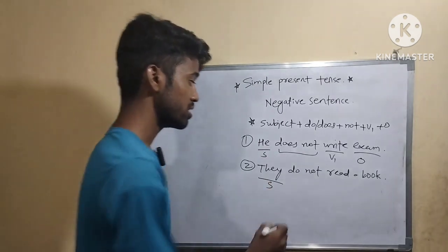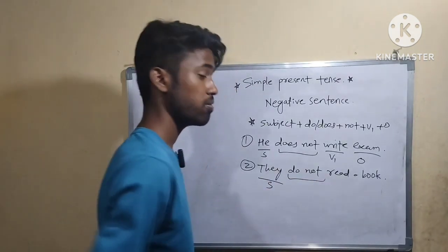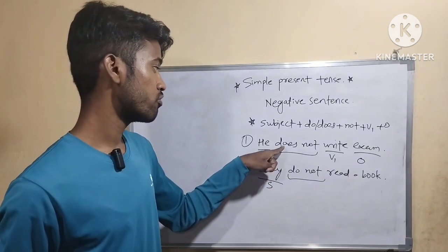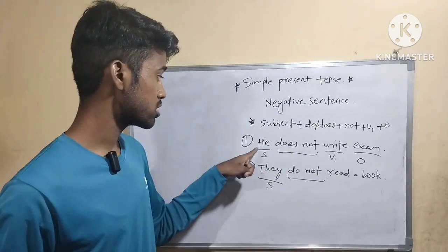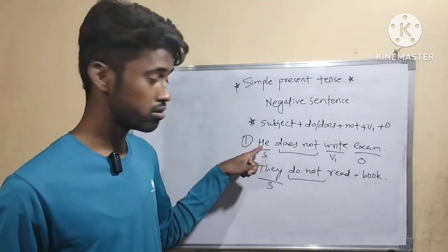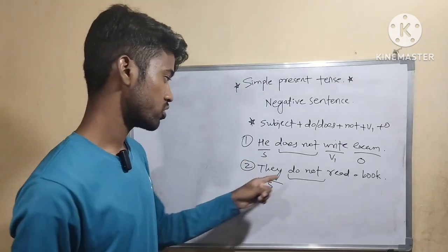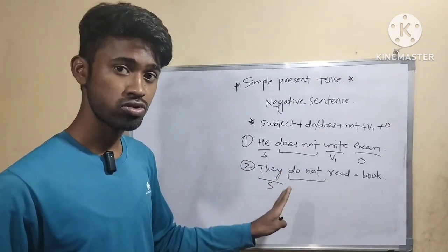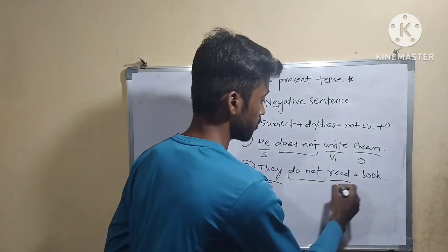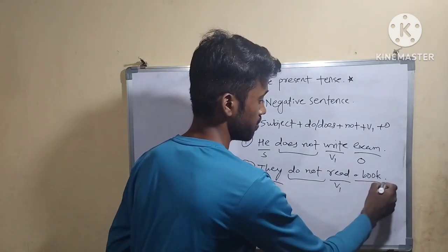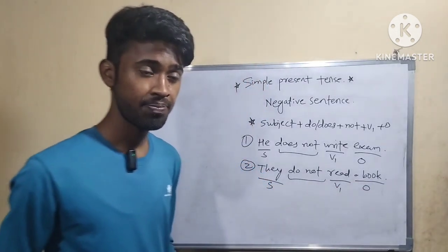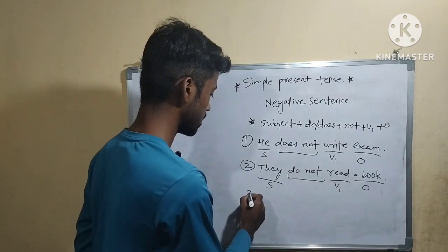This is not singular, that is why I have used do not here. Earlier we used does not because the subject was third person singular. Here the subject is third person plural, so we have to use do not. Here read is the first form of verb and this is the object.